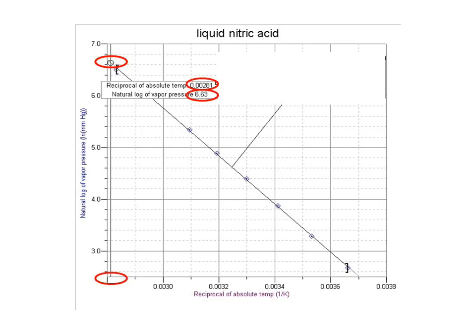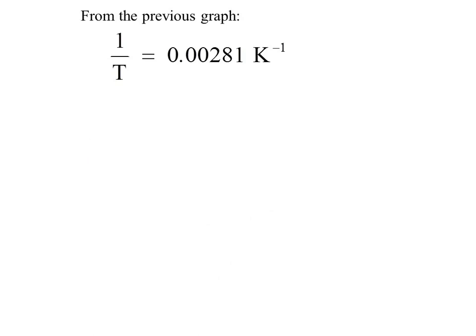Okay. So that's what's done right here. The x-axis value for the inverse of the temperature is 0.00281, picked off of graphical analysis or Logger Pro. So to knock out what the real temperature is, we got to take 1 over that.